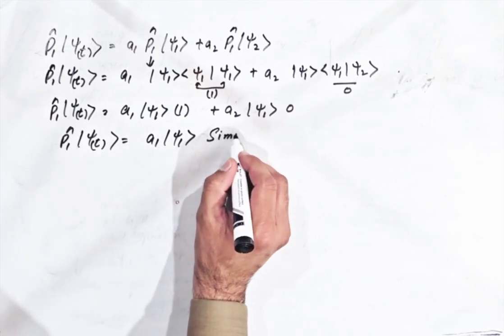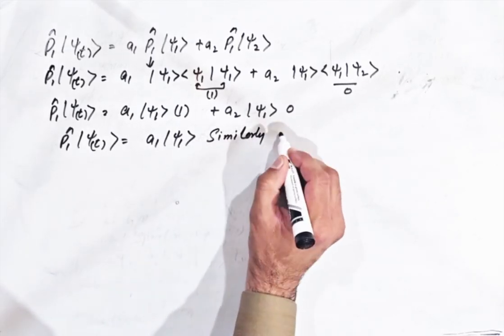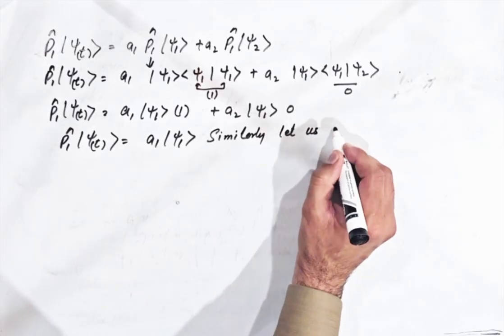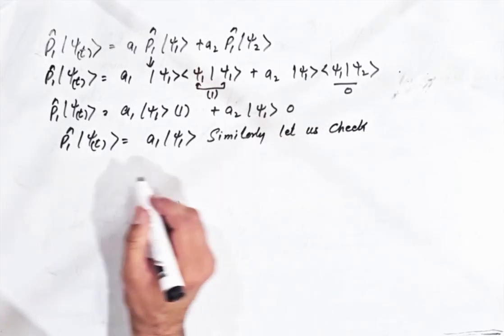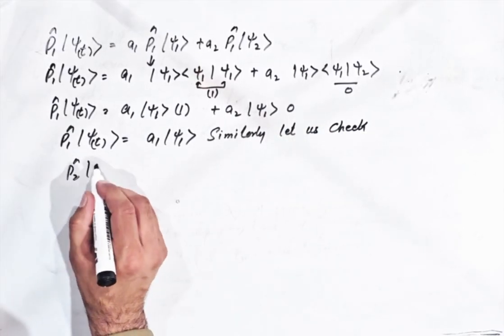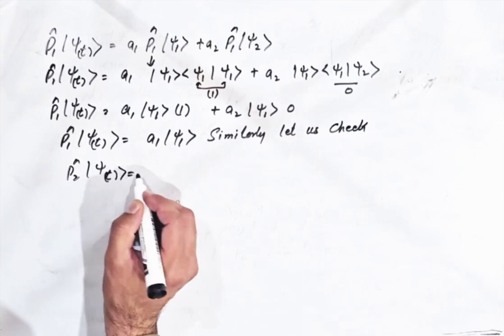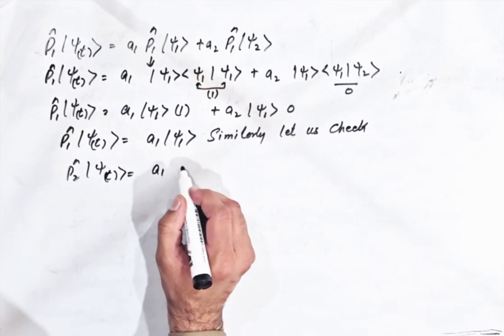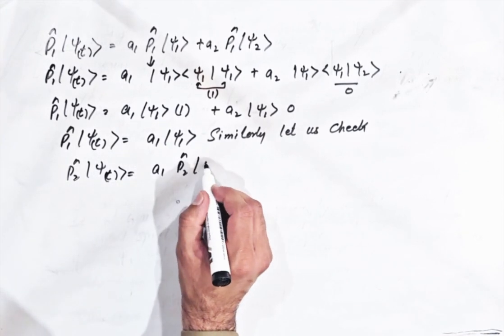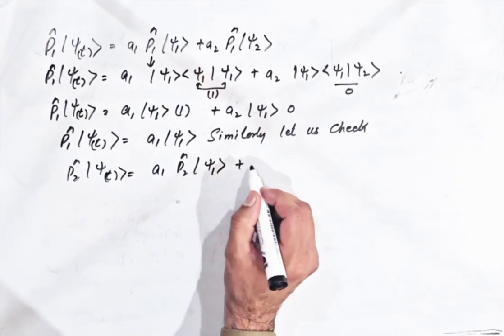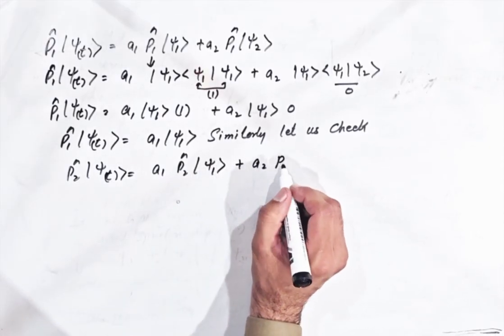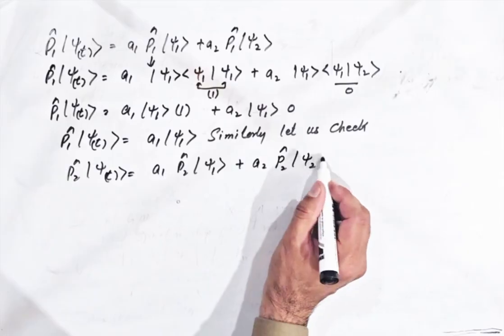Similarly, let us check P2 on psi of t equal to a1 P2 psi 1 plus a2 P2 psi 2.